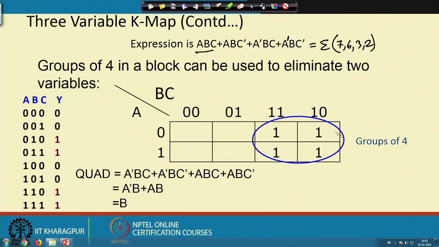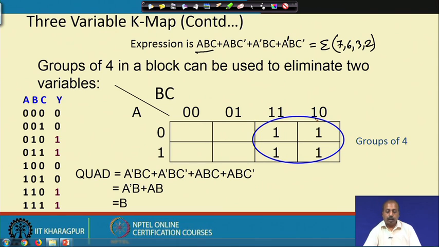Whenever you have 4 ones, you can club them together into a group of 4, and if you do a minimization using Boolean identities, this whole term reduces to B. In terms of the Karnaugh map, in this case A is changing its polarity from 0 to 1, and C is also changing its polarity, from 1 to 0.